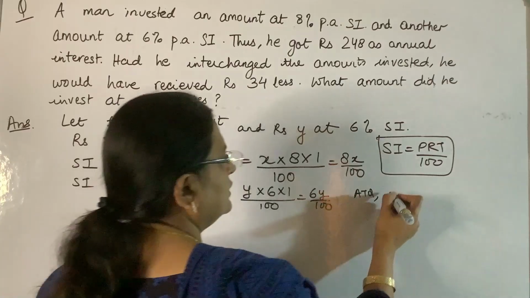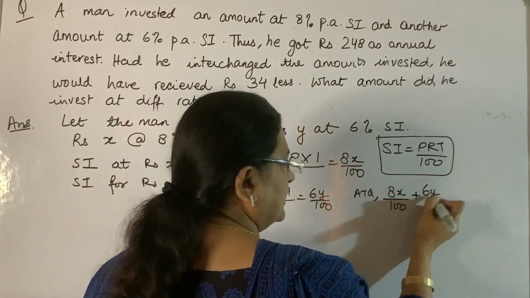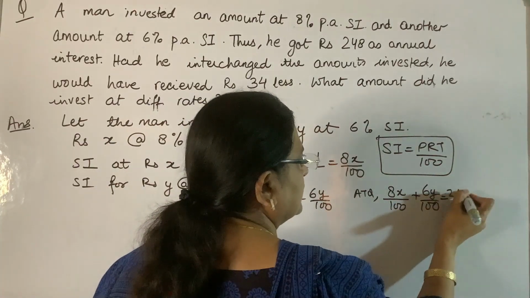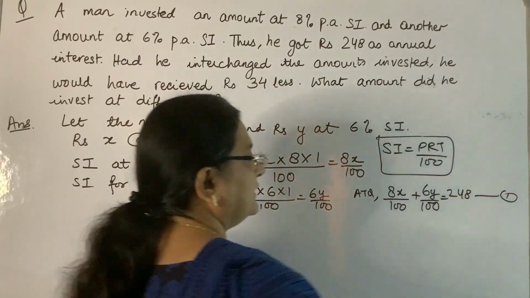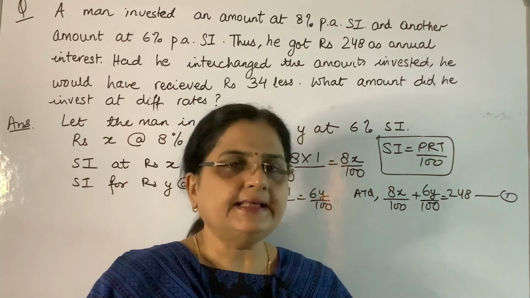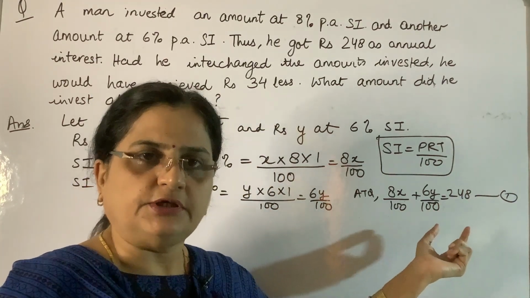So let us write down 8x upon 100 plus 6y upon 100 equals 248. Interest in the first case plus interest in the second case is equal to 248. Let us say this becomes the first equation. First we will form the equation and then we will see how to solve them. So this is how you have formed the equation.